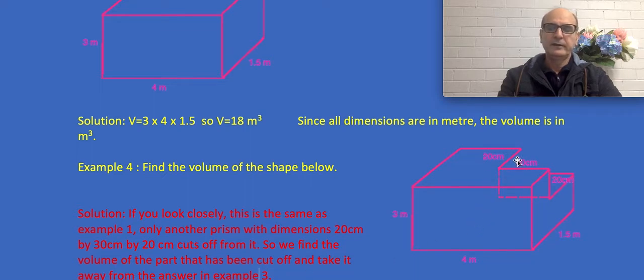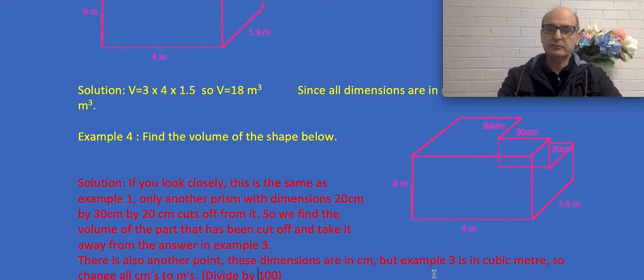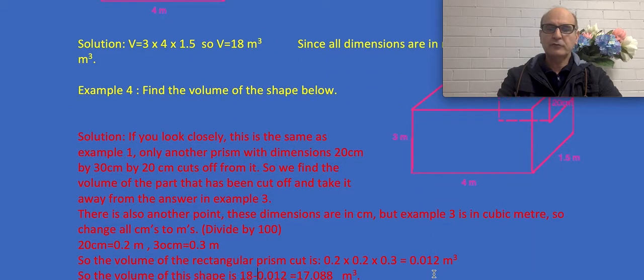The other point here is these are all in meters, but these are in centimeters. The rectangular prism which has been cut off has a width of 30, a depth of 20, and a height of 20, all in centimeters. Because the other ones are in meters, you have to change it to meters. To change to meters, you divide by 100.